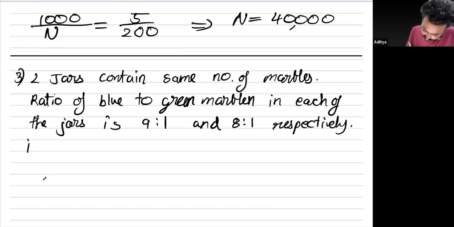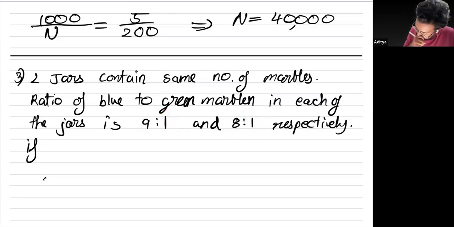So in the first jar, for every 9 blue marbles, there is one green marble. In the second jar, for every 8 blue marbles, there is one green marble. And the total number of marbles in both the jars are the same.